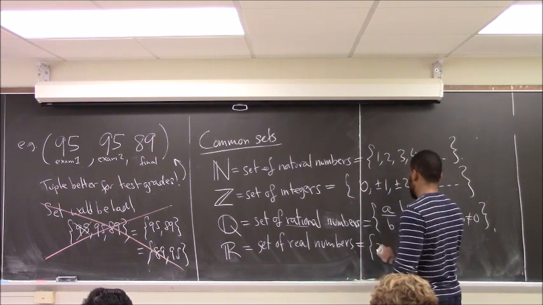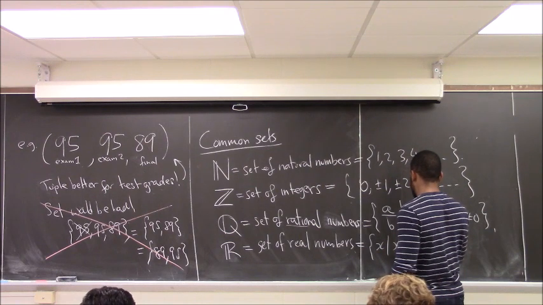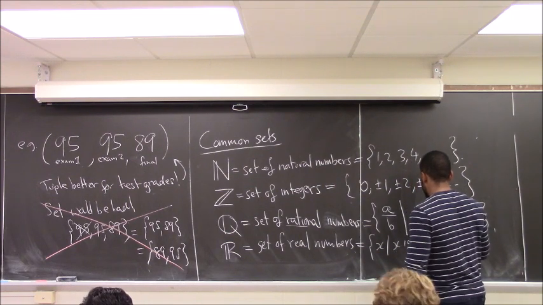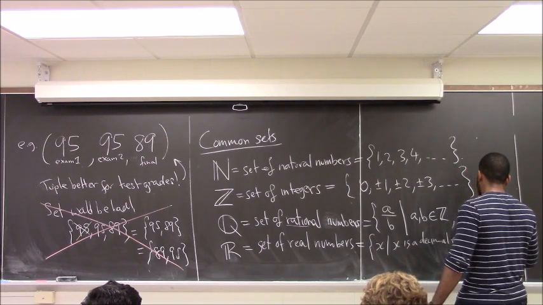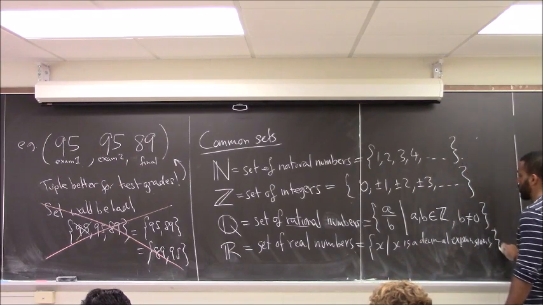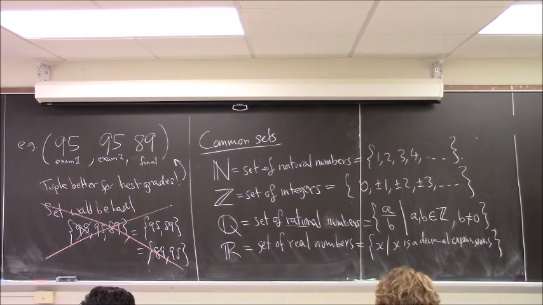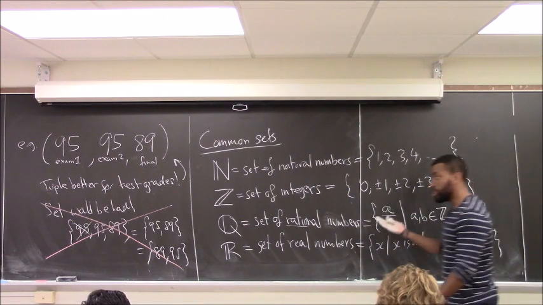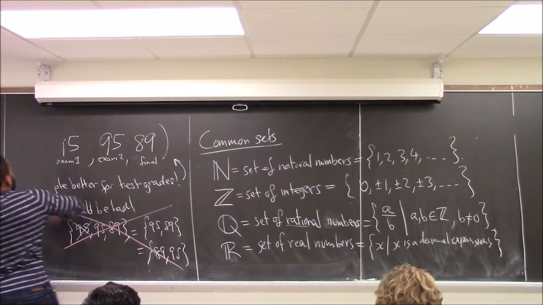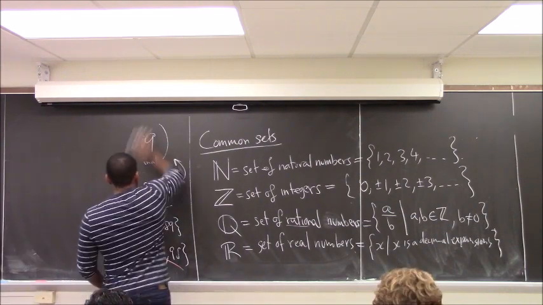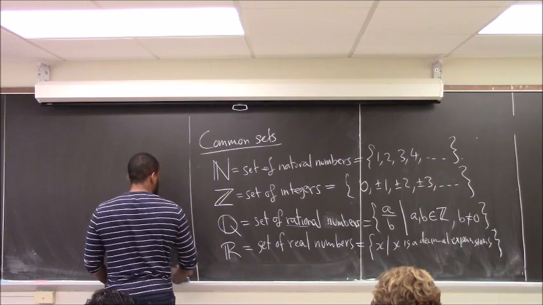You could say the set of all decimal expansions is one way to do it. Or the set of all the numbers on a number line, the completion of Q. Tons of ways to describe it.